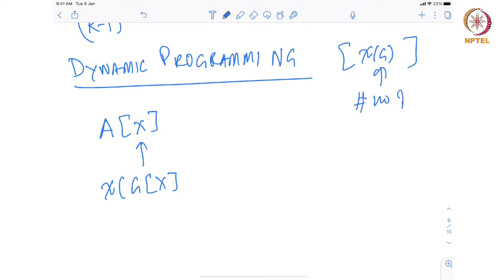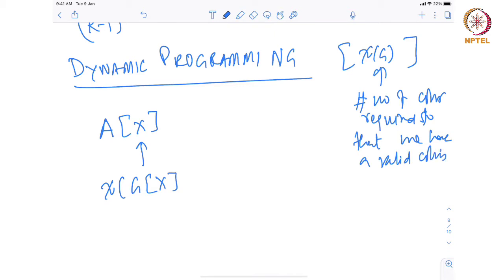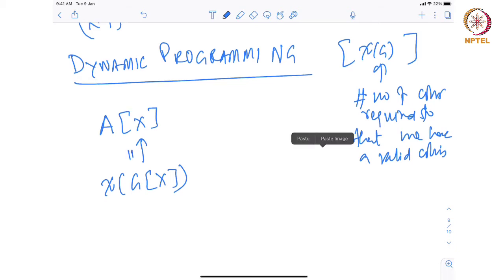It is the minimum number of colors required so that we have a valid coloring. Like the minimum number of colors you need so that every edge is non-monochromatic. So this is what A of x is going to store: the chromatic number.